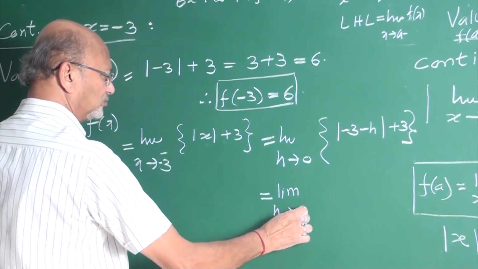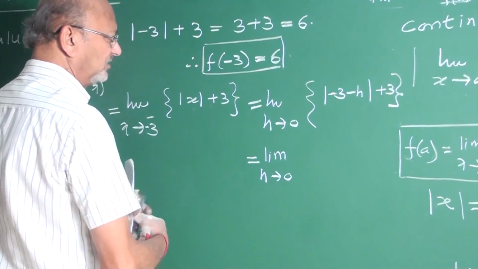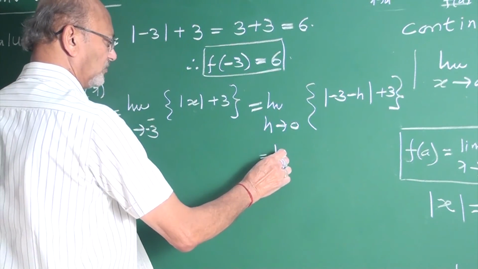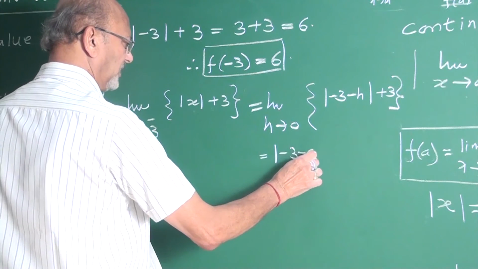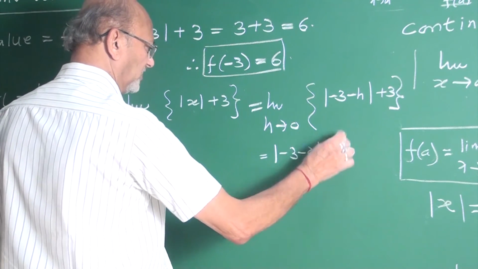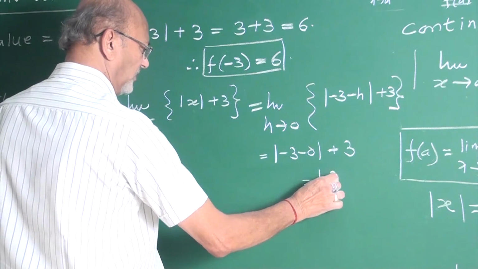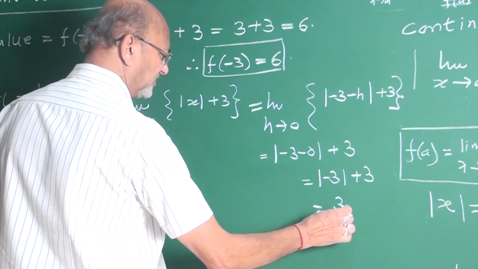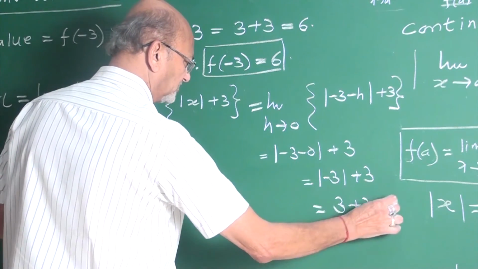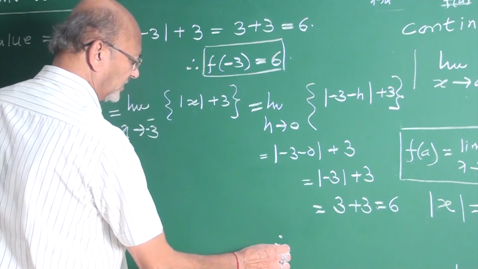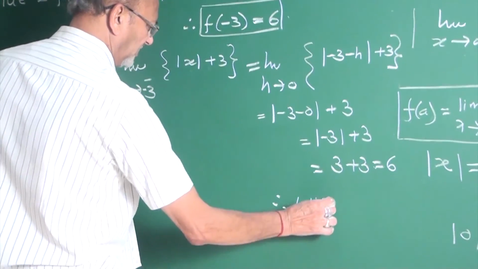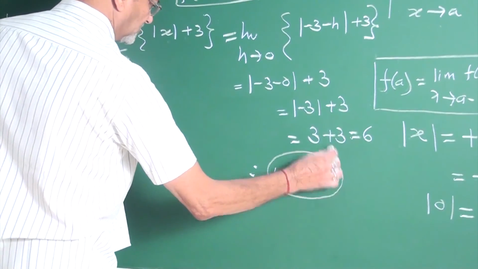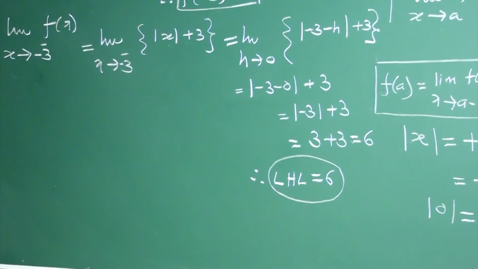Directly you can put h as 0: mod of minus 3 minus 0 plus 3, mod of minus 3 plus 3. Mod of minus 3 is plus 3, 3 plus 3 is 6. LHL is also 6.